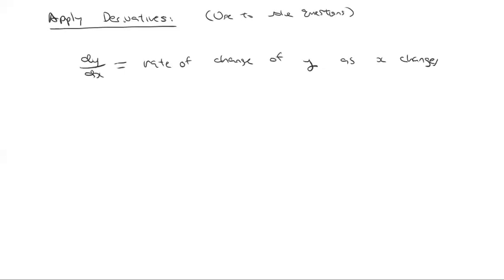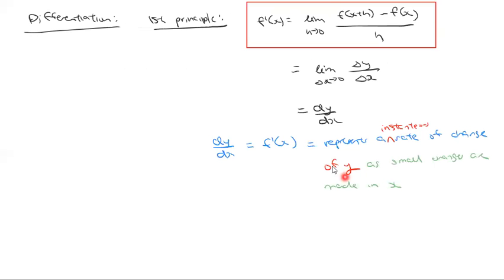Now, this is not new. We've definitely talked about it before. It was part of our review right at the start. dy dx represents a rate of change. If you want to be more specific, it's an instantaneous rate of change. Rate of change of what? Of y. Well, how does y change? As you change x, as you make small changes in x.